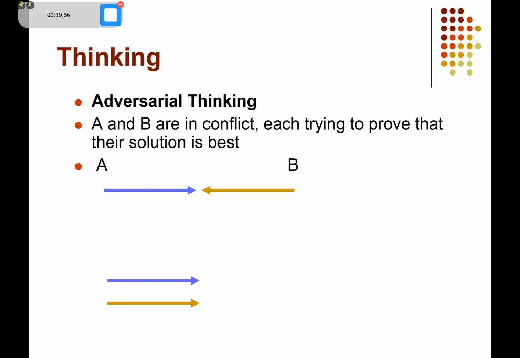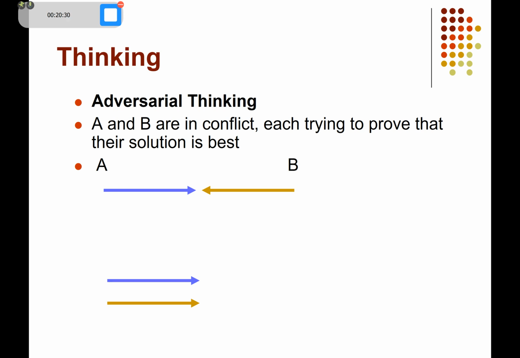And that's where we talk about adversarial thinking, where you have lots of people working together in theory trying to solve a problem, but because they all have different ideas, different perspectives, different solutions, and each one thinks their solution's the right answer, the best approach, they're going to be pushing for that and not necessarily listening to the other opinions. So adversarial thinking can cause lots of conflict and sometimes means that the problem doesn't get solved because everybody's in conflict.